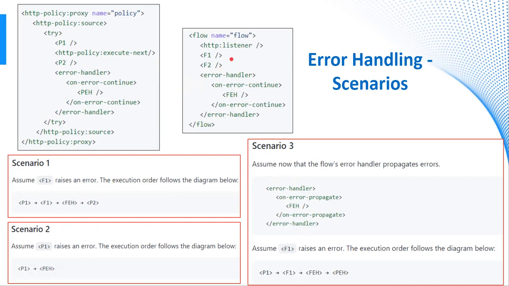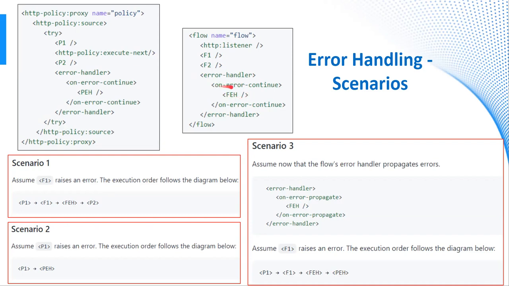So let's see scenario one first. Let's say F1 executes in error, or creates some issue. Now the control will go to the error handler section. In the error handler section, FEH, that is the block where we have some components.